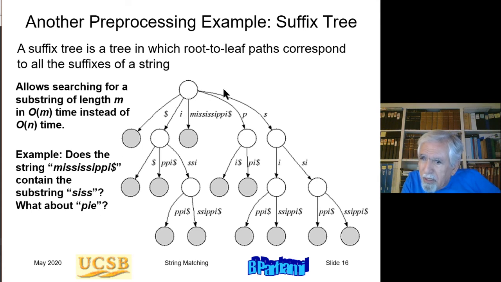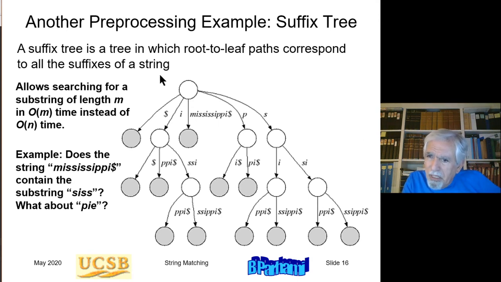Okay. What about PIE? PIE starts with P, so I go in this branch. Then I. Okay, there's no I there. There's I dollar, but I don't have I dollar in the string I'm searching for. So there's no I. So at this point, I conclude that that string PIE does not exist in this data string.